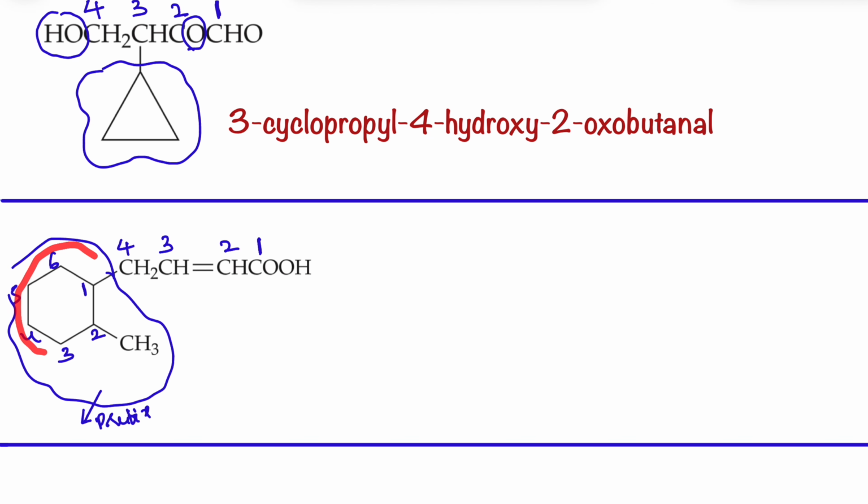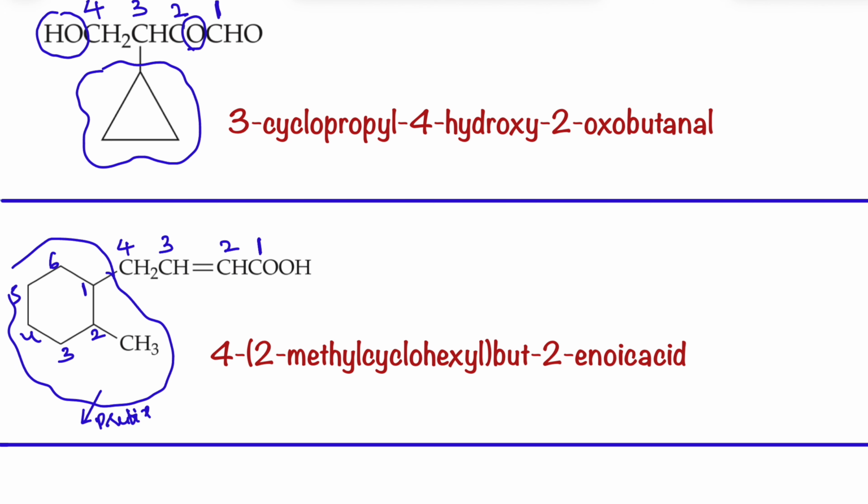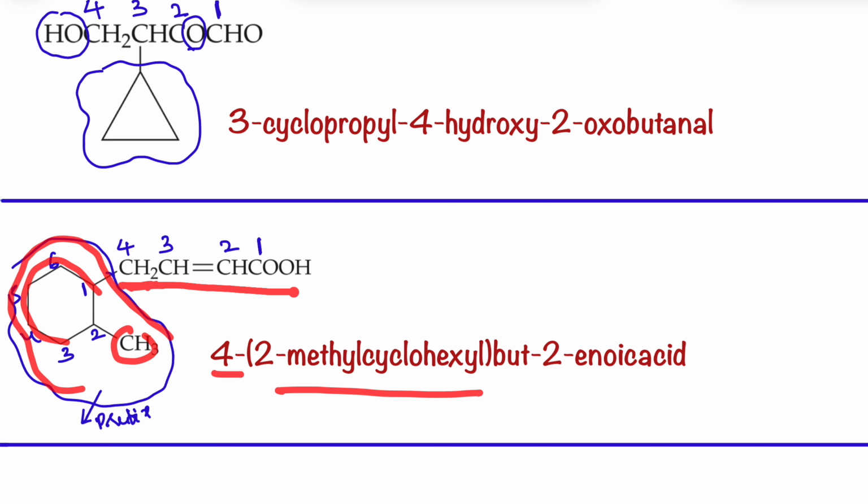In that cyclohexyl, at the second position there is a methyl. So this whole complex substituent is present at the fourth place, therefore it is 4-(2-methylcyclohexyl) but-2-enoic acid. That is the correct IUPAC name. You can see this is at the fourth place of the principal carbon chain: 2-methylcyclohexyl, root word but, 2-enoic acid.